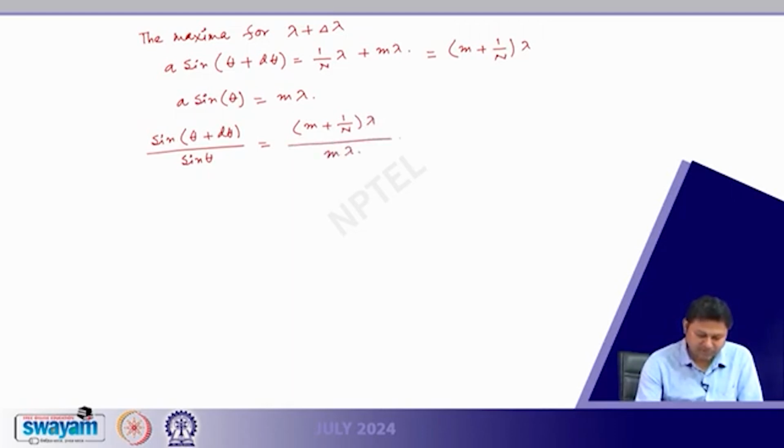Just divide these two expressions, this is 1 and this is 2, dividing 1 by 2 I get this. This is simply 1 plus 1 by m N.